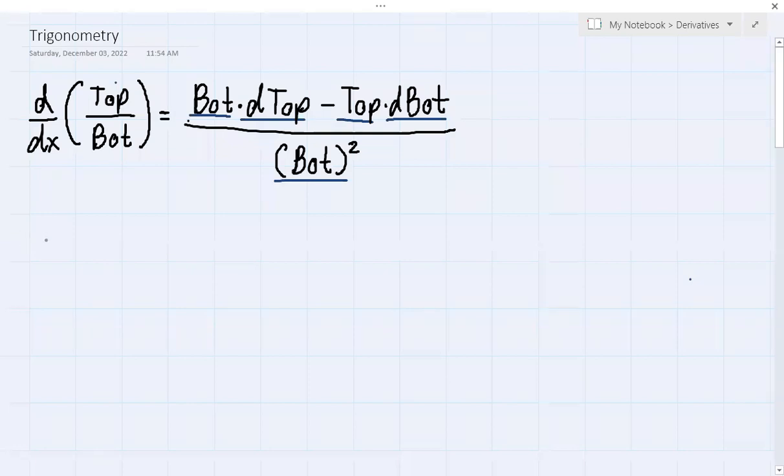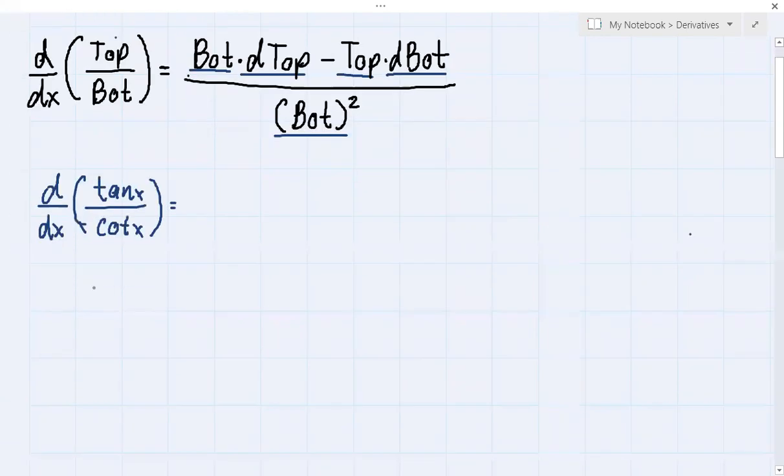So, let's try this one. The derivative of tangent x all over cotangent x. So, in here, we can now actually use quotient rule of differentiation. So, ang top natin, which is si tangent x.